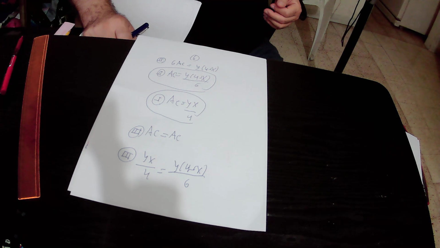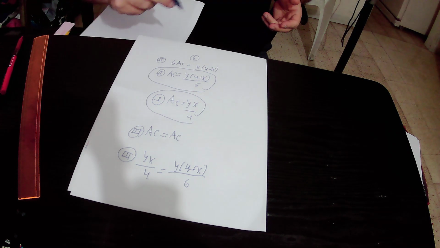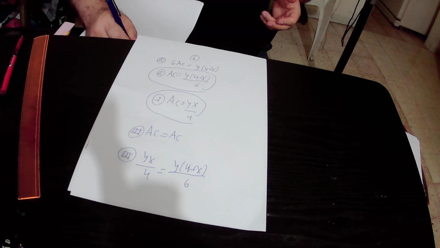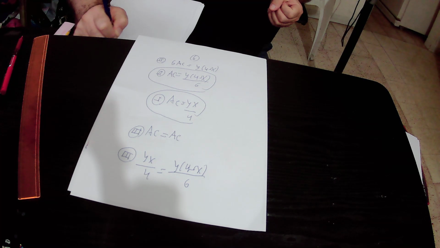That is the reason that we can divide equation number 3 by y, because y can never be 0 as the side of a triangle. It must be a positive number. So we will divide equation number 3 by y, and we will get that x over 4 equals 4 plus x over 6.